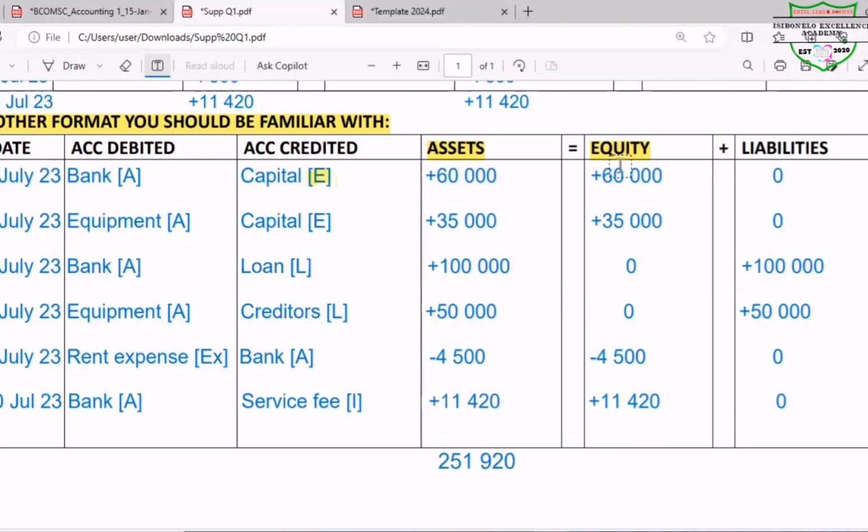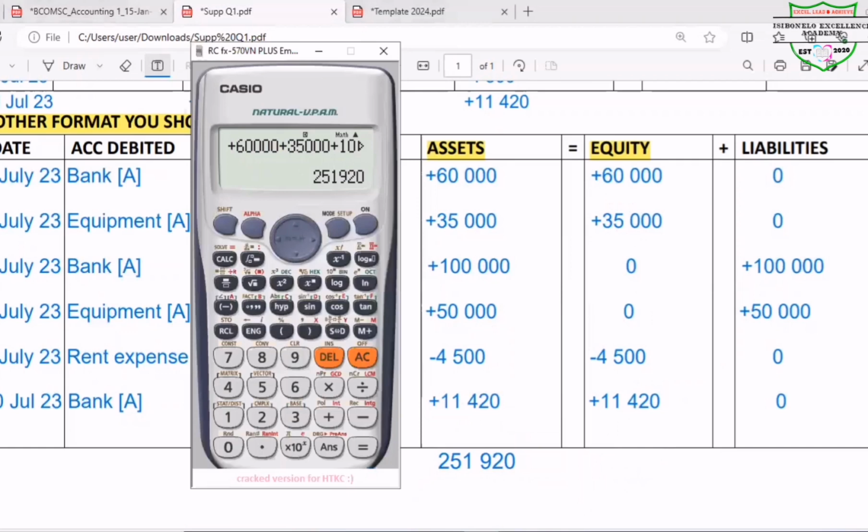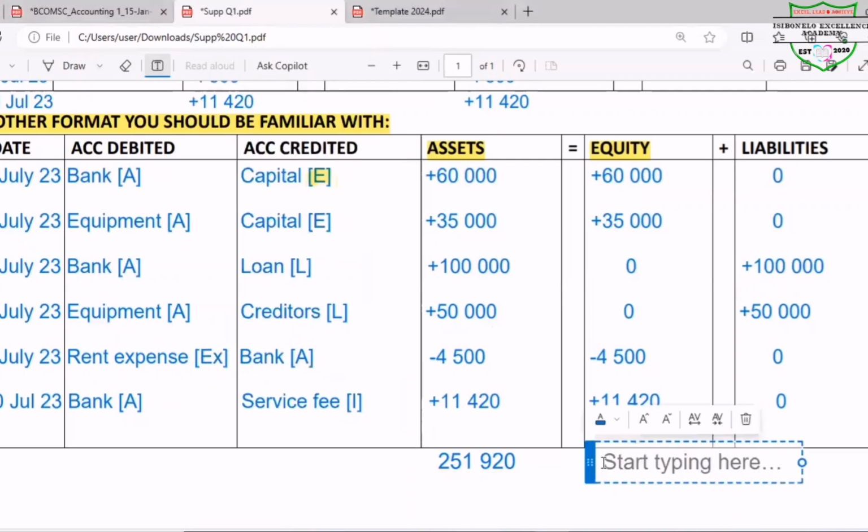And now we're going to add the value of equity. We do the same. We have positive 60,000, positive 35,000, negative 4.5, and positive 11,420. So the value of equity is 101,920. Then the value of liabilities is 150: 100 plus 50.